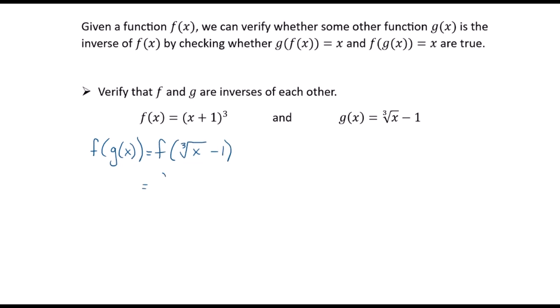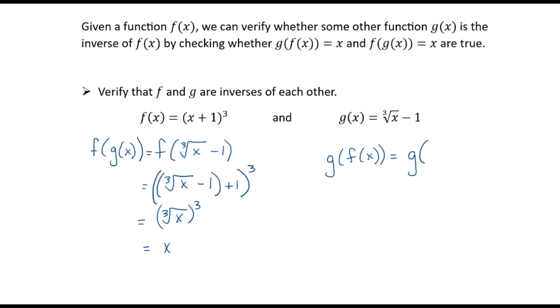And the f function says that we're going to take the input of the cube root of x minus 1, plus 1, and then cube that. When I simplify the inside, I have the cube root of x. That is still all cubed, and I end up with an x. So far, so good. Now I'm going to take g of f of x.